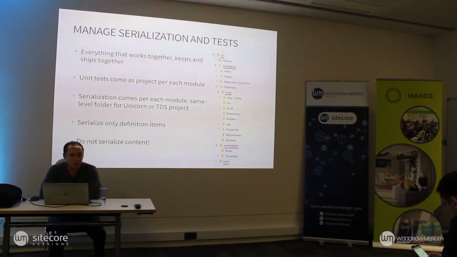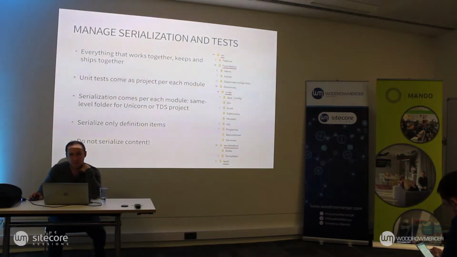We have content items, that's what content editors create, and we have definition items, that's what developers mostly create. So templates and standard values as well, renderings, that's all definition items. And for example, the website home page is a content item, so that should not be serialized.